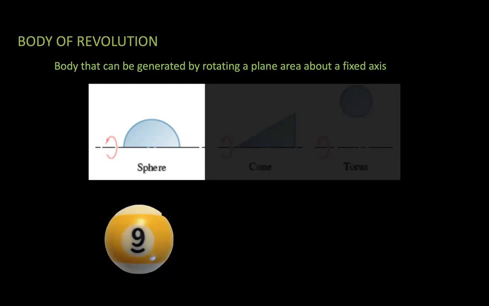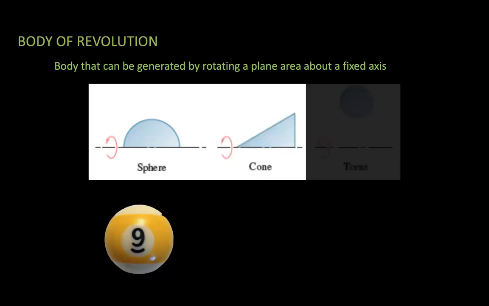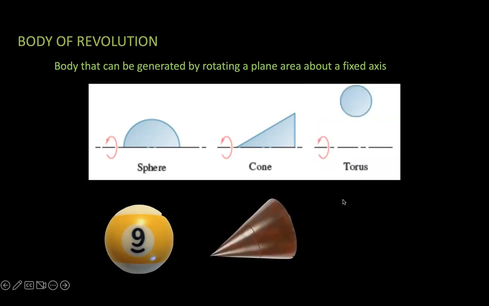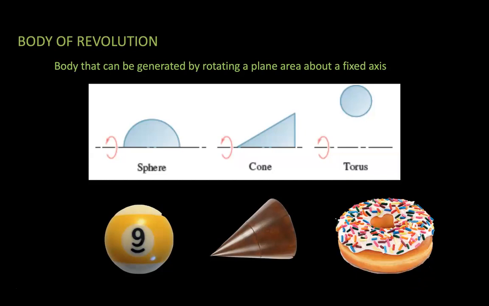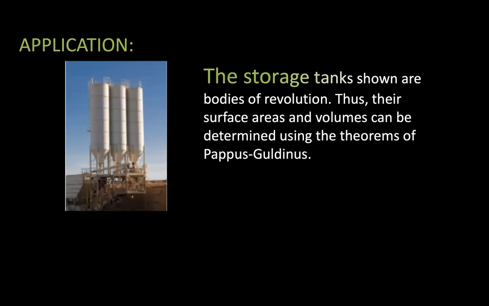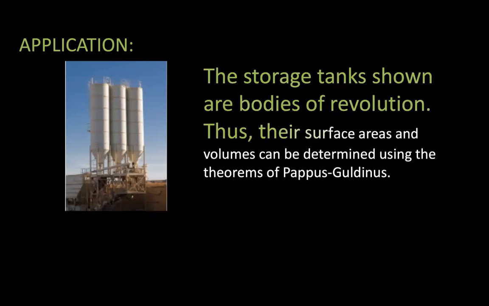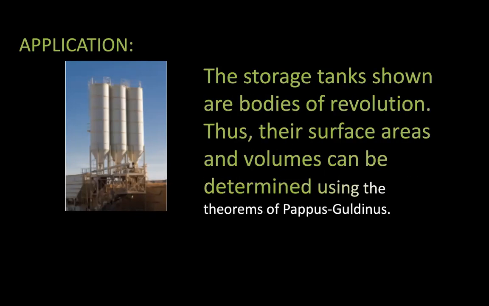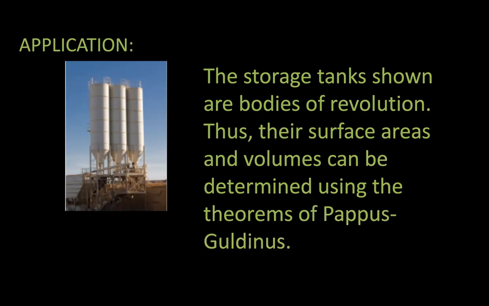For the cone, we can have solid cones, which are made of wood. And for the torus, we can have donuts. As for applications, the storage tanks shown over here are bodies of revolution. Thus, their surface areas and volumes can be determined using the theorems of Pappus-Guldinus.